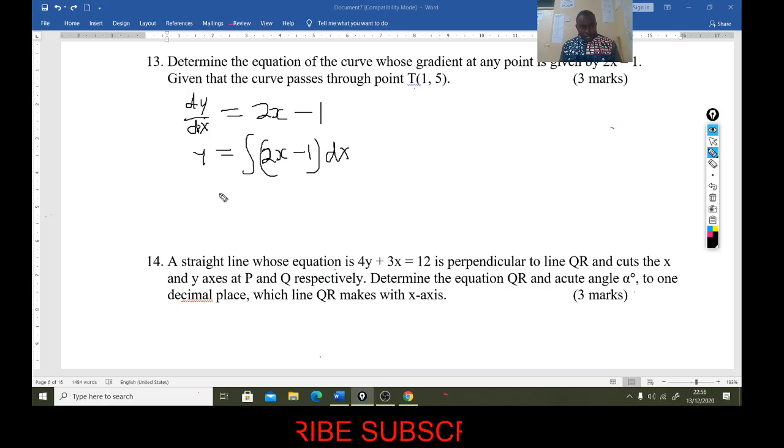If we integrate that, y equals 2x squared over 2. Remember the powers, we add 1 and then we divide by the new power. That is how we integrate. The power here is 1, 1 plus 1 becomes 2, 2x squared over 2.